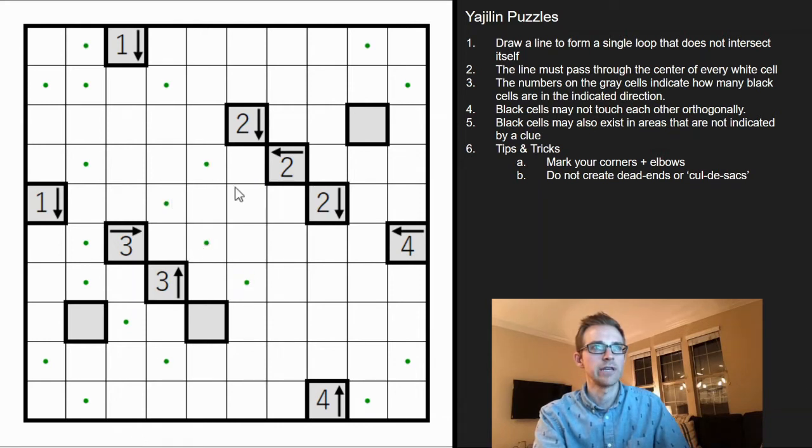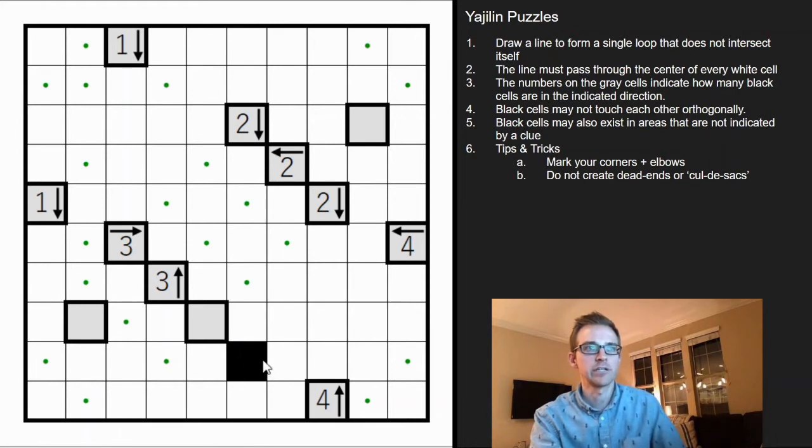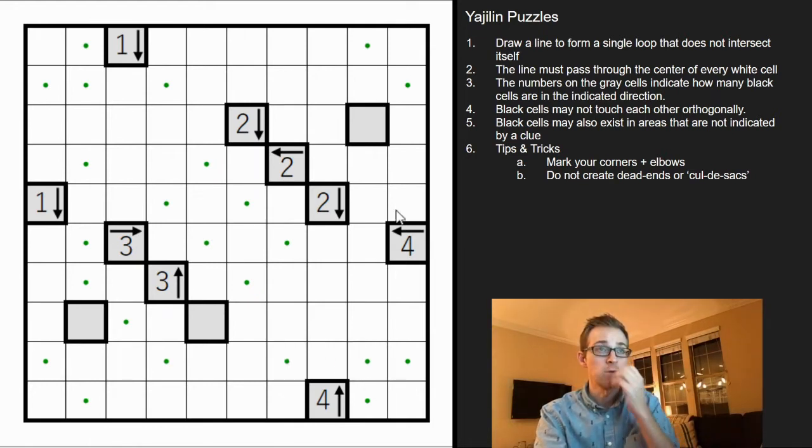For the sake of time, I'll speed it up. Now, it's not always the case that a black cell can't exist diagonal from a gray one, because here you could see it would work. There's enough space for the loop to come in and go around. But here, for instance, that wouldn't work, and here wouldn't work. So we can mark those.